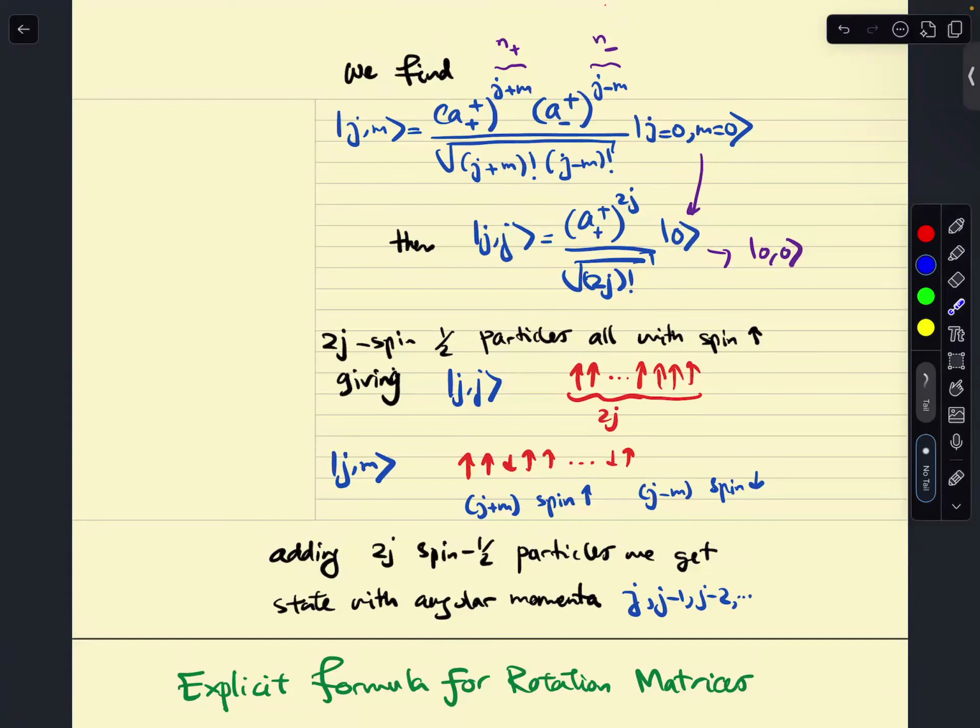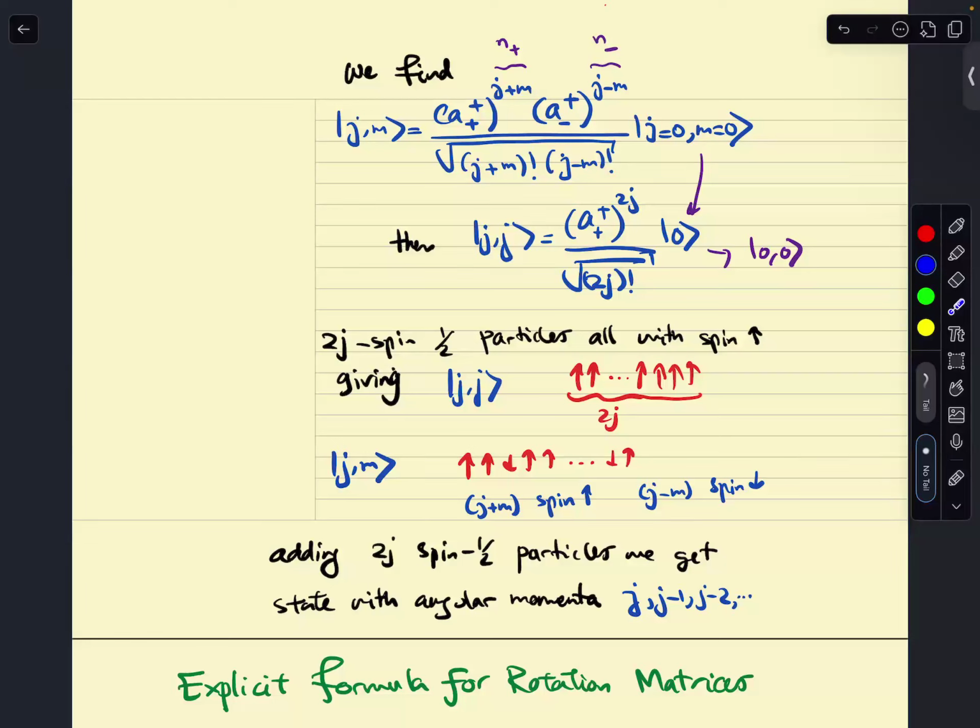Now this way of thinking about stuff, it looks like what we're adding is that we're adding 2J spin half particles. So we're constructing the ket JM from 2J spin half particles.